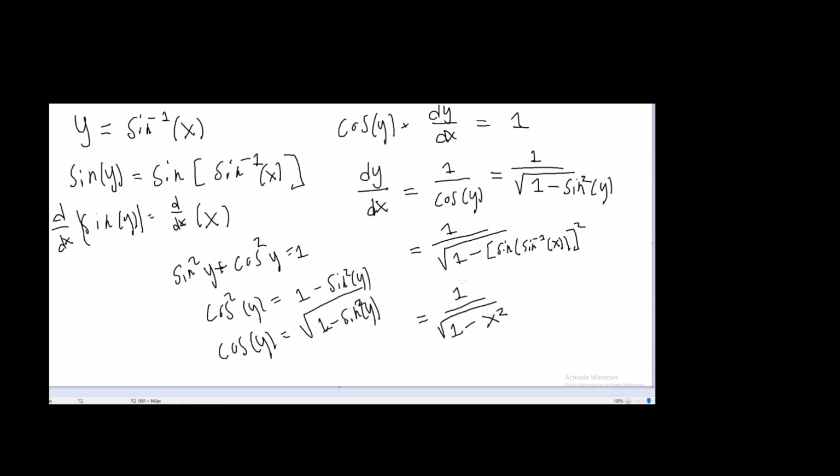Okay, some of you may be wondering, when you take a square root, you usually end up with a plus or minus. So why did I only worry about the plus side of this square root?